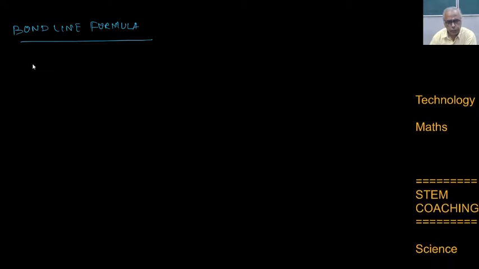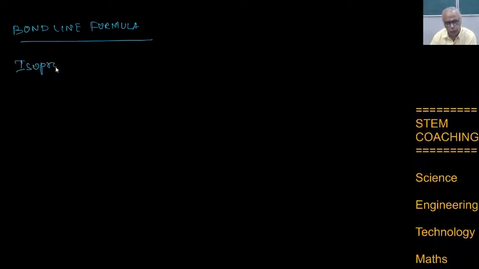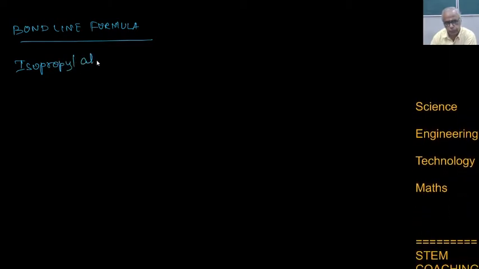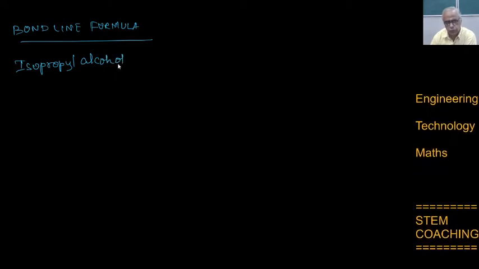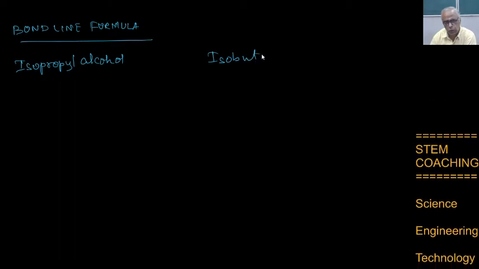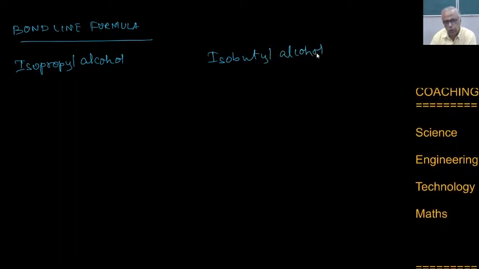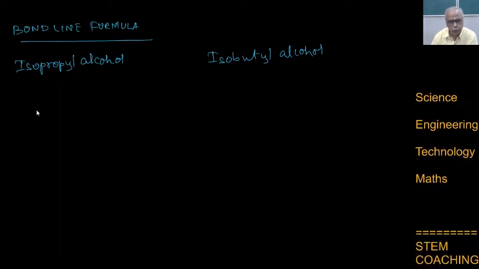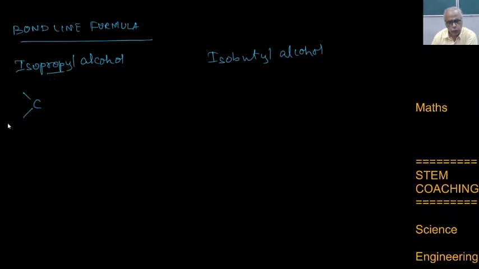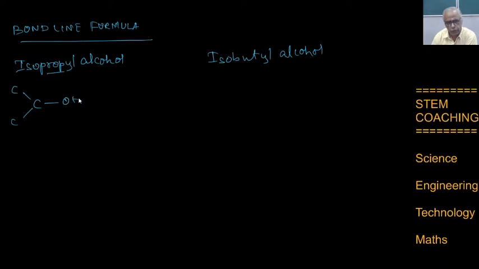Let us consider isopropyl alcohol as an example, and isobutyl alcohol. Iso means branched. Prop means 3 carbon atom. Alcohol means having the functional group OH.